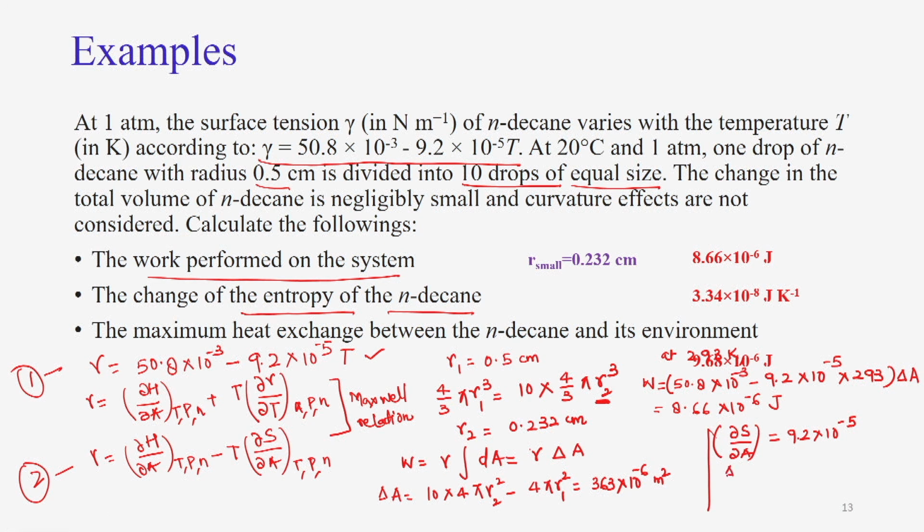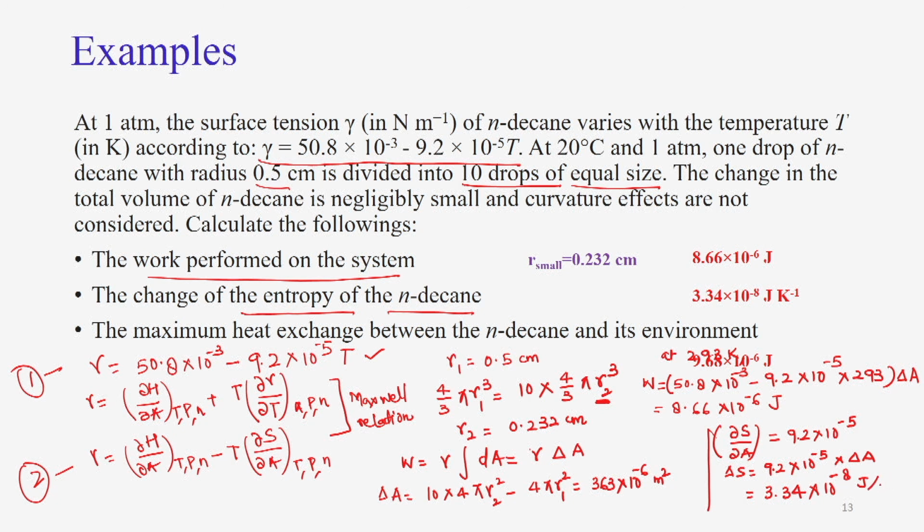So, simply delta S will be 9.2 into 10 to the power minus 5 into delta A, and delta A we have already calculated. So, the value of delta S will be 3.34 into 10 to the power minus 8 joule per Kelvin.